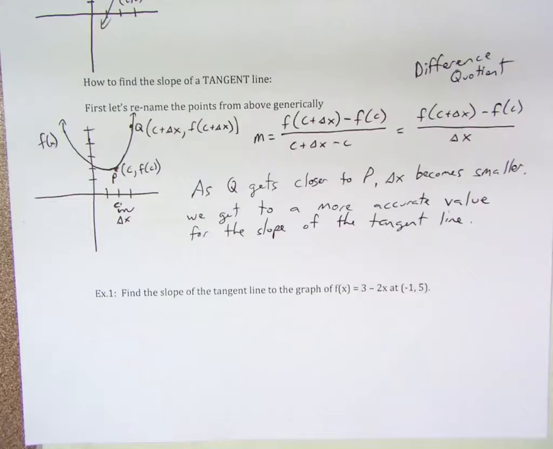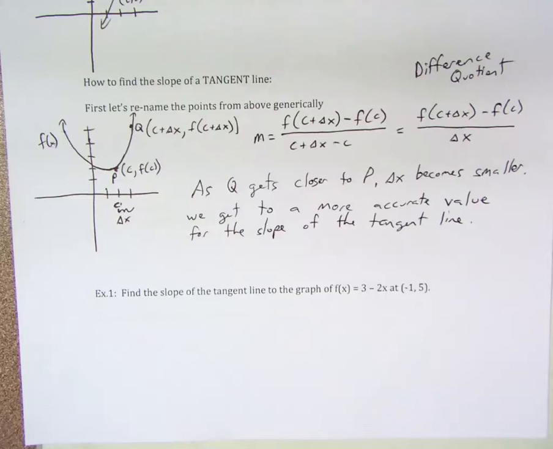You don't have to graph this, but I do want to give you a visual. So here's the parabola. And at 1, -3 right here, what we just found is the slope of that tangent line right here.